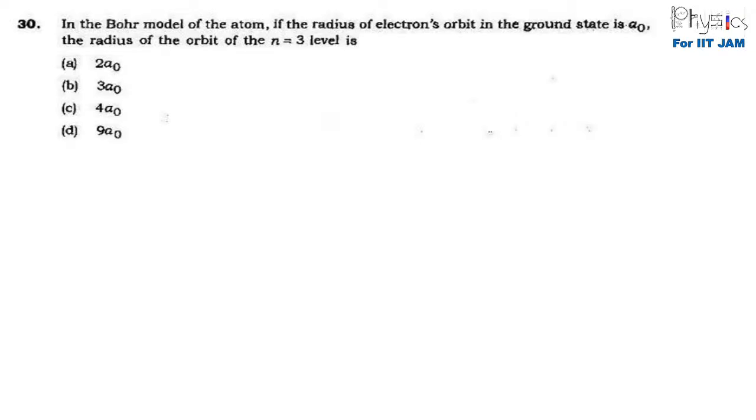Okay, here is our next question. In the Bohr model of the atom, if the radius of electron's orbit in the ground state is A0, the radius of the orbit of the n equal 3 level is option A 2A0, option B 3A0, option C 4A0, option D 9A0.